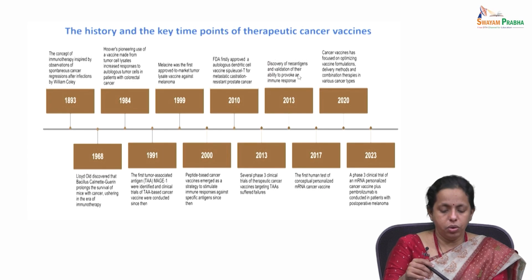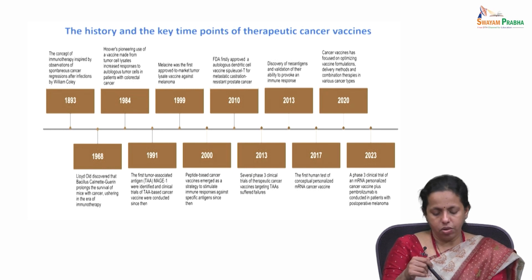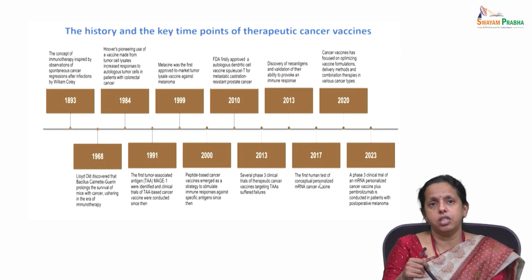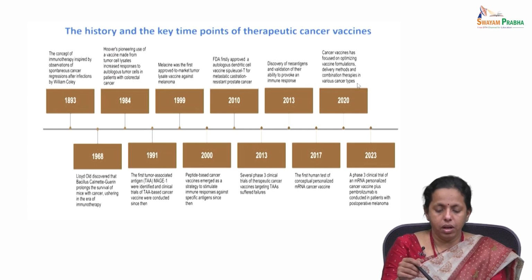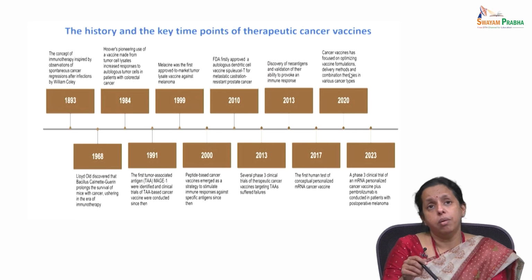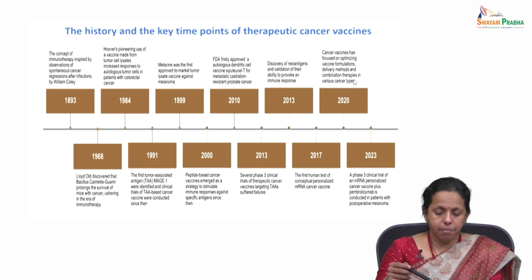And then neoantigens were discovered here. Then the first human test of a conceptualized mRNA cancer vaccine was in 2017. Then coming to 2023, the focus is not only on vaccine formulations, but also on more effective delivery methods and combinations with other therapies.